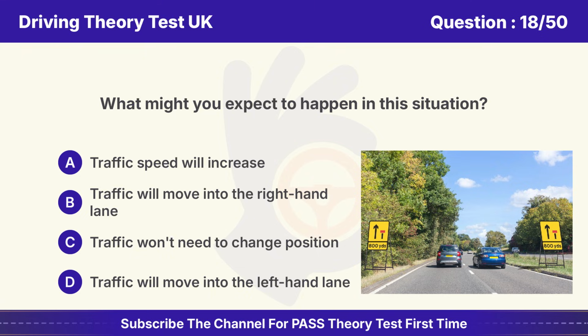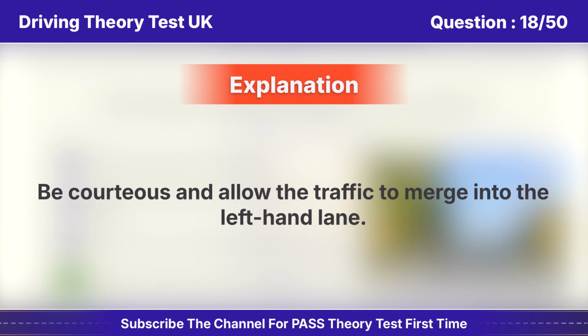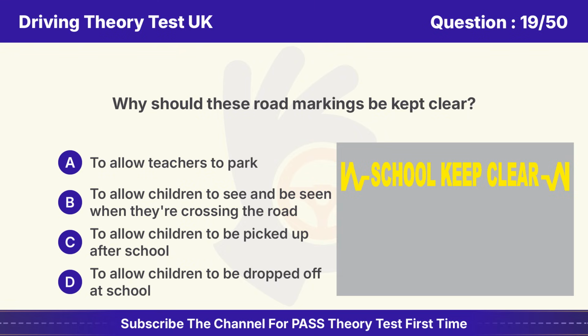Question 18. What might you expect to happen in this situation? Answer is D. Traffic will move into the left-hand lane. Be courteous and allow the traffic to merge into the left-hand lane. Question 19.